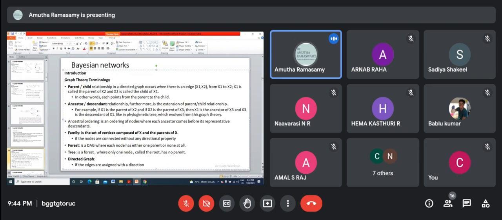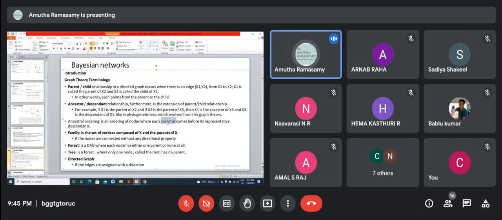So ancestor, descendant. Instead of talking about parent, you can generalize that as ancestor. Instead of specifying this as a child, you can specify this as a descendant. Okay, the same information is true here. So ancestral ordering is an ordering of nodes where each ancestor comes before its respective descendant. Who is the ancestor? He will be represented first before the descendants.